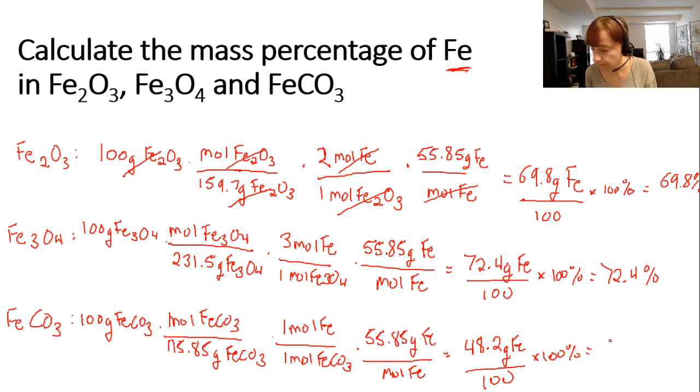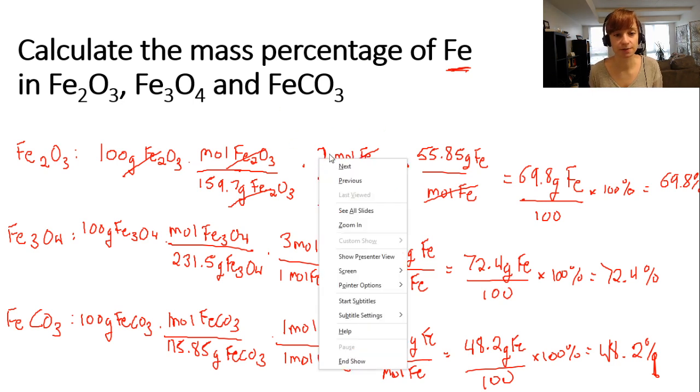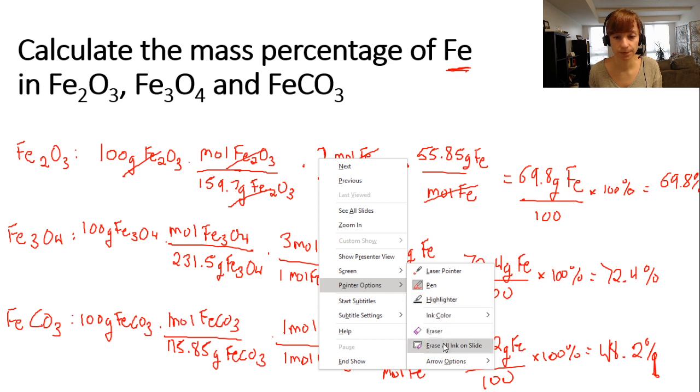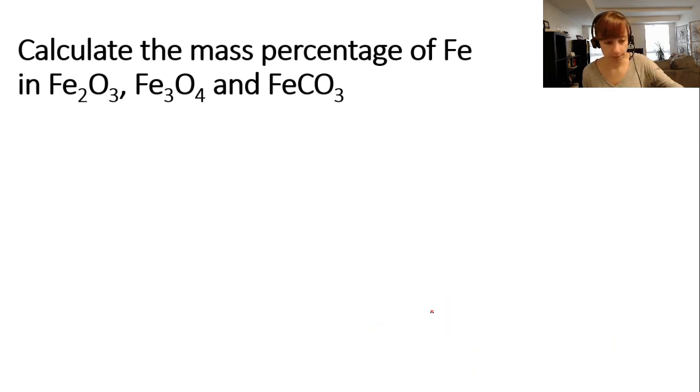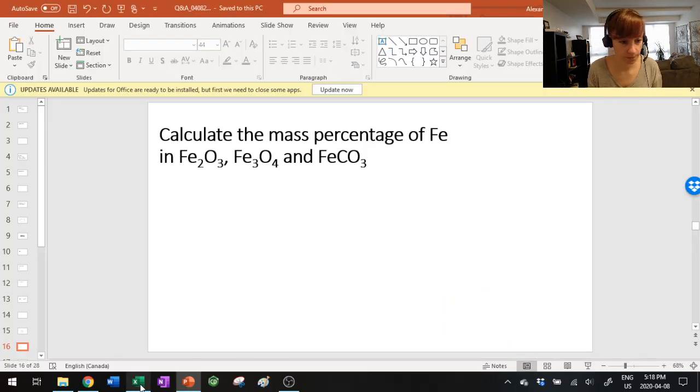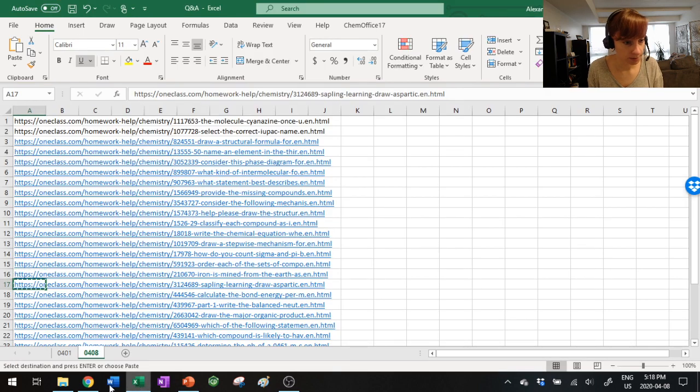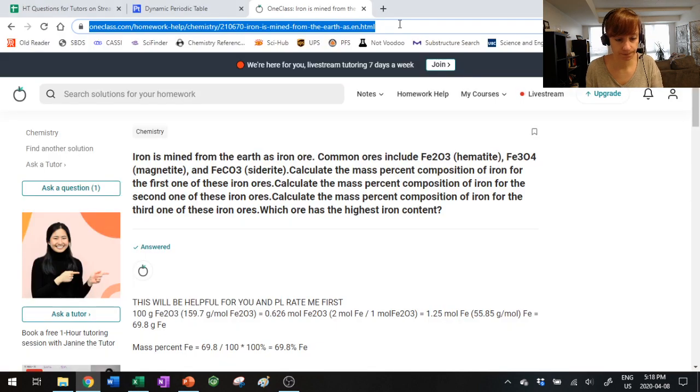Gives you 48.2% of iron. Okay. So once you've got the calculation done once, it's much easier to do it another few times. On to the next question.